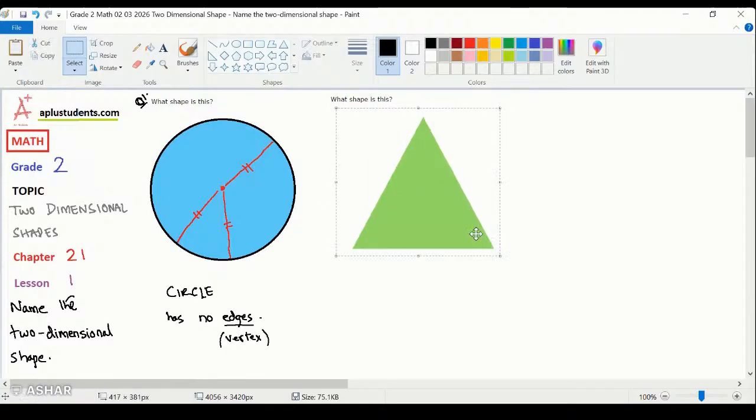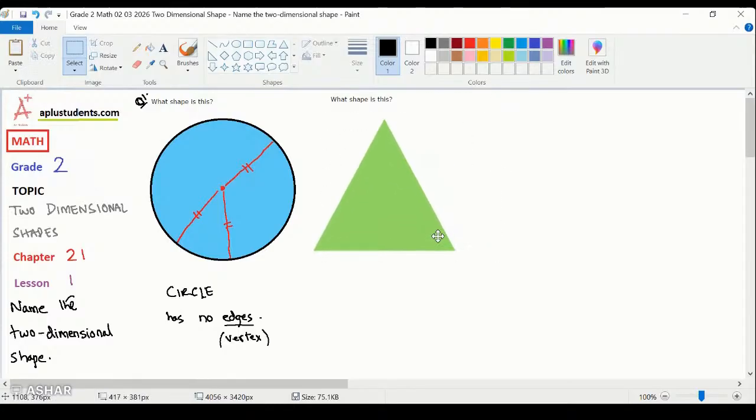The shape with 3 pointed edges is known as, see, we can see we have 3 edges over here. First edge, second pointed edge, and third pointed edge, right? That means we have 3 angles on the shape, right?